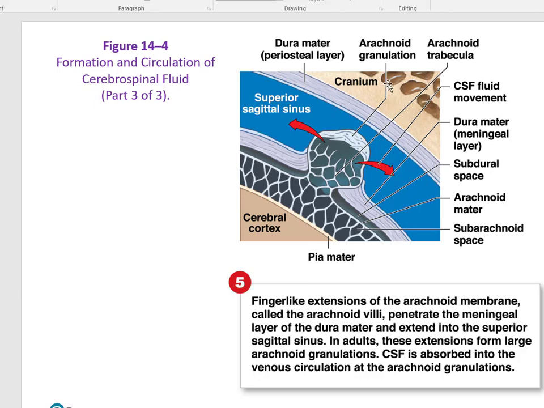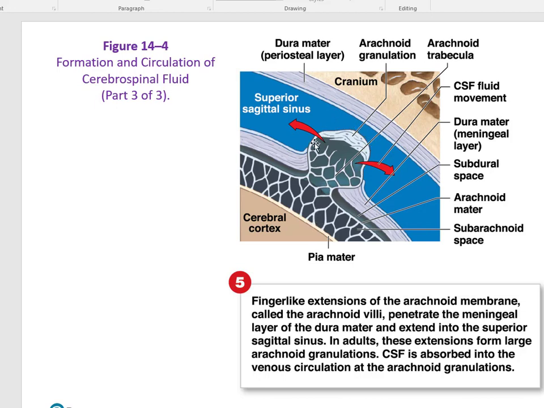So here's our bone, our cranial bones up here. This layer right here is called the periosteal layer of the dura mater, and then this would be the inner layer of the dura mater. This is called the meningeal layer on our dura mater. So that inner part is the meningeal layer, and this would be where our sagittal sinus is.